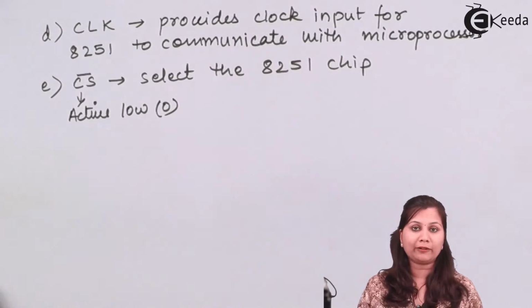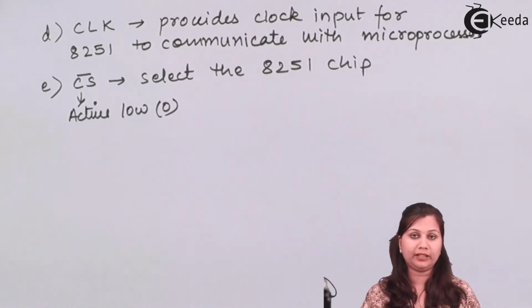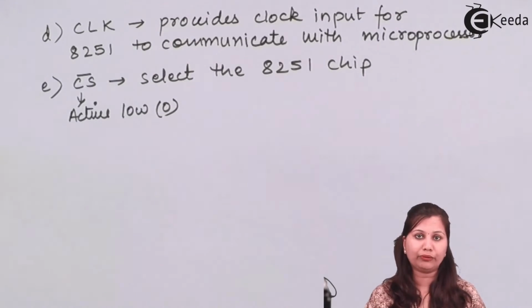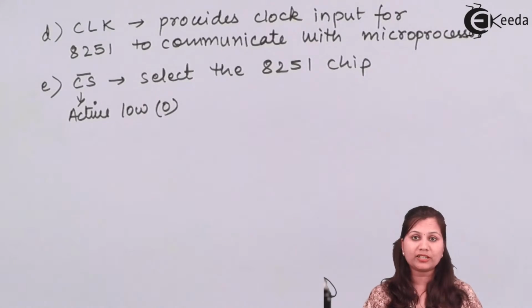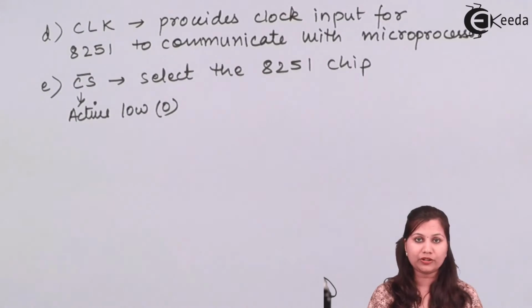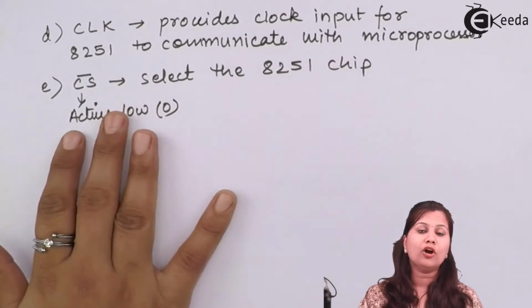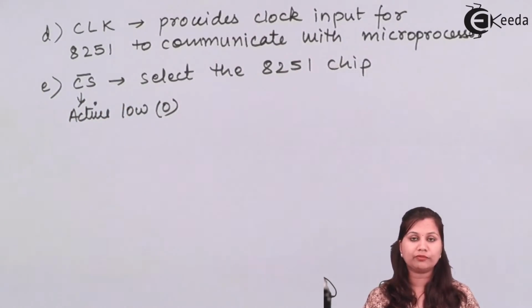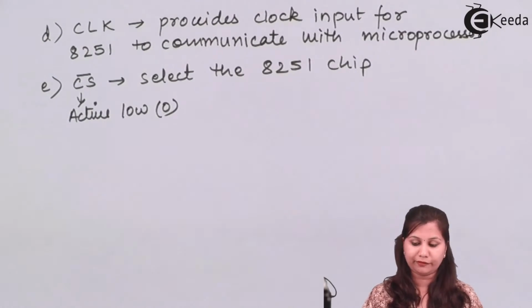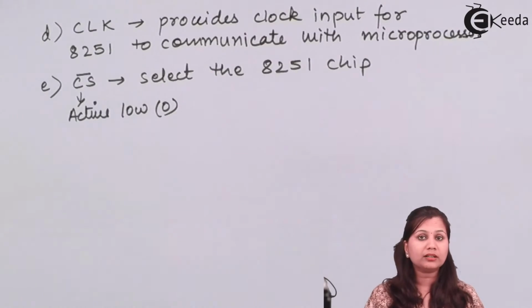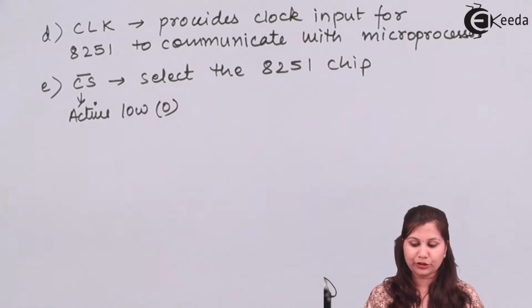It means the microprocessor, when it wants to send or receive data from the 8251, first of all has to select the 8251 chip. If the chip is not selected, then no communication will be done. So first of all, the microprocessor has to activate this chip select signal for performing any communication with the 8251 programmable communication interface. So this was the read and write control section.